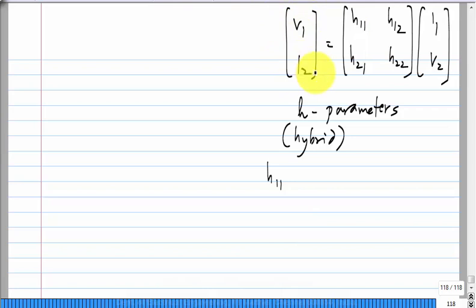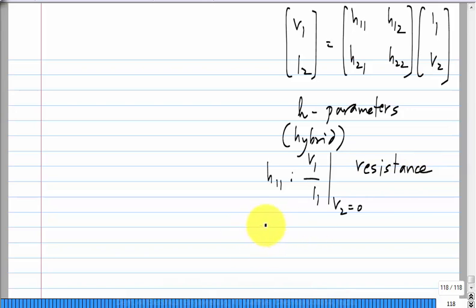Okay, port 1 and port 2. H11 is resistance. Basically, it is V1 by I1 with the second port short circuited. Okay, so this is the resistance looking into port 1 with port 2 shorted, right?